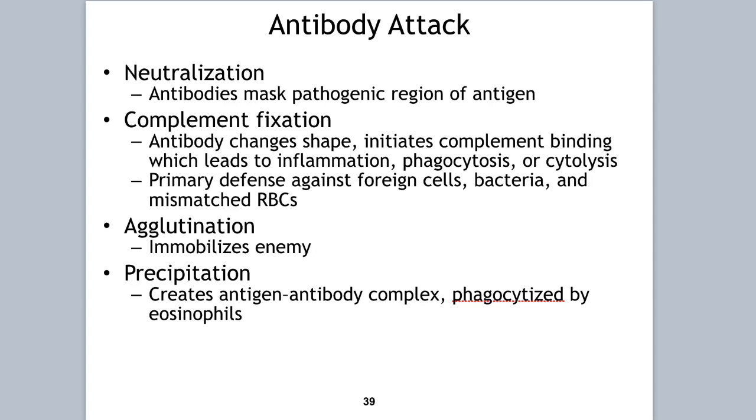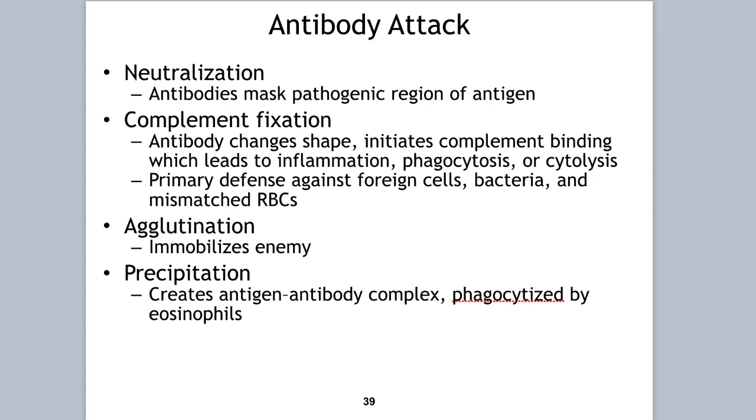Another way antibodies work is the second mechanism here called complement fixation, where the antibody, once it binds to the foreign antigen, changes its shape and allows that complement binding site to be exposed so that complement proteins can grab onto it.